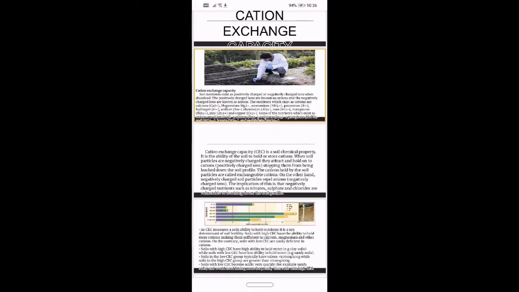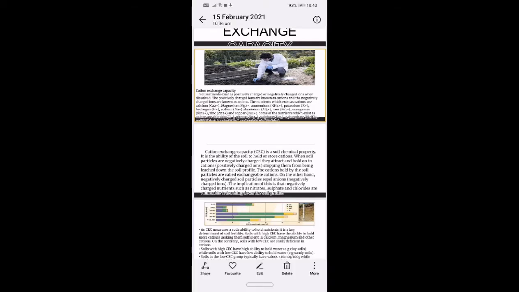Cation exchange capacity. Soil nutrients exist as positively charged or negatively charged ions. When dissolved, the positively charged ions are known as cations and the negatively charged ions are known as anions.